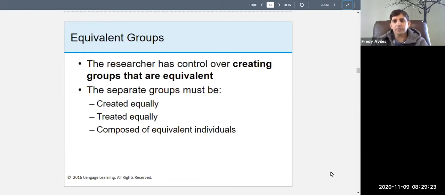That last one is important. You have to have participants that are relatively the same age, relatively the same percentage of males and females in each. Even ethnicity, you want that to be relatively equal from the different groups. You don't want, for instance, one group to have more Asians than another group.